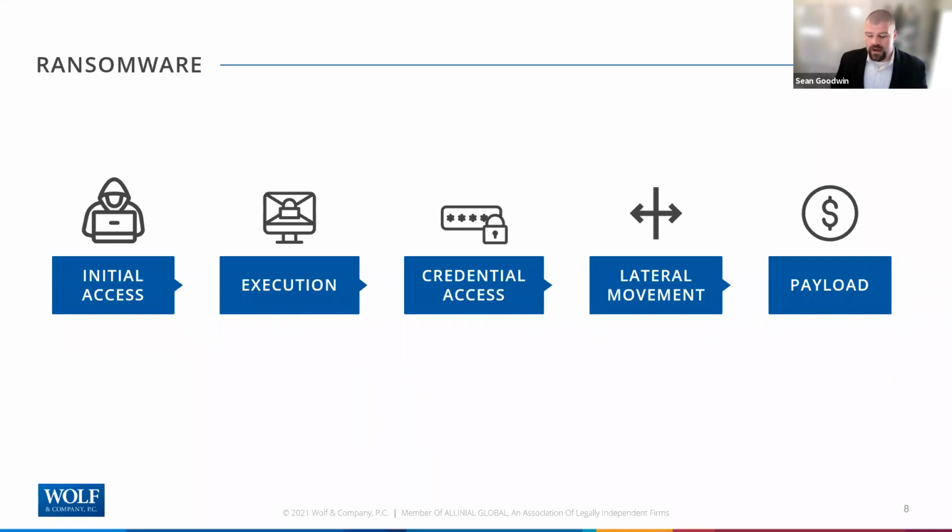From there, they're having to get execution, right. So they need to be able to do something on the machine. There's a number of vulnerabilities where they may be able to get read access, which could be an issue, could be a data loss concern. But from there, they need to start to escalate privileges. And part of the benefit of that is then they're looking to access credentials.